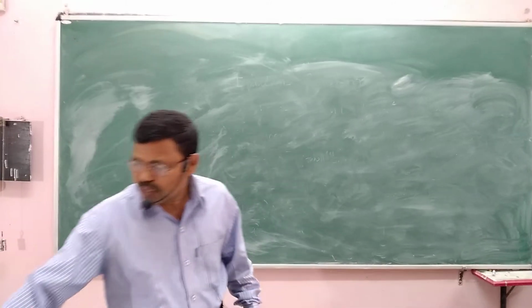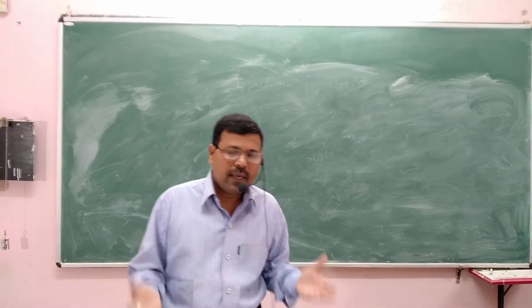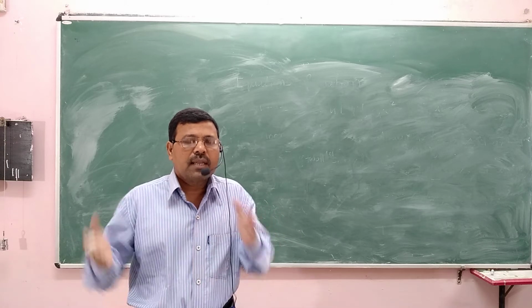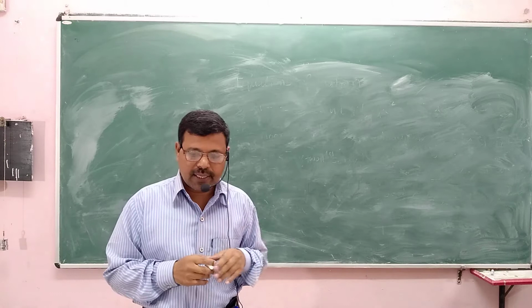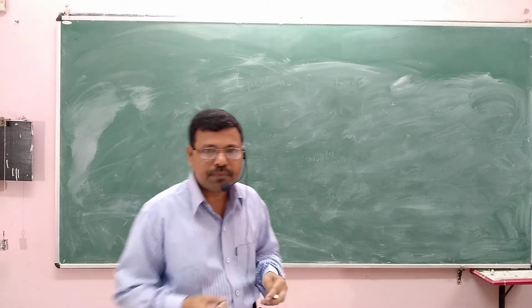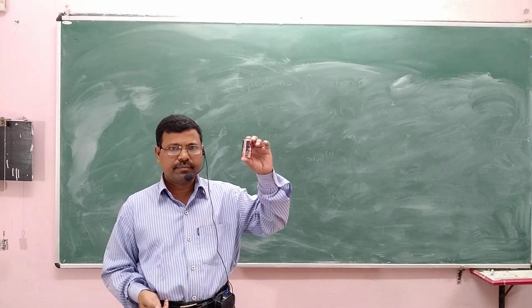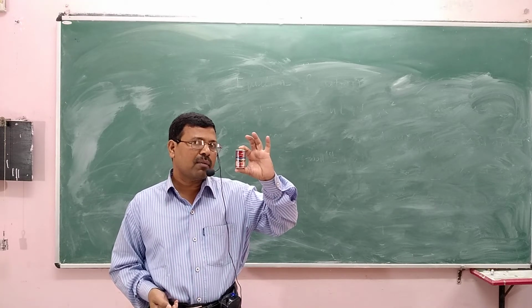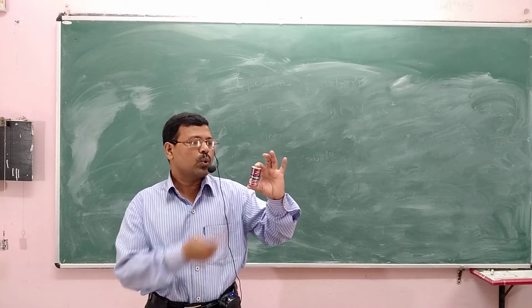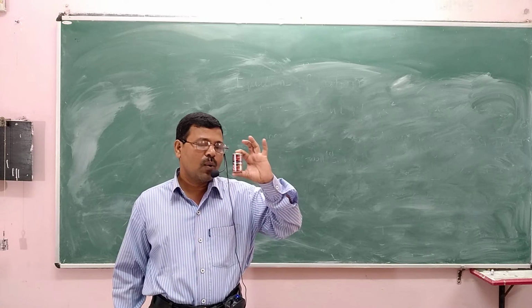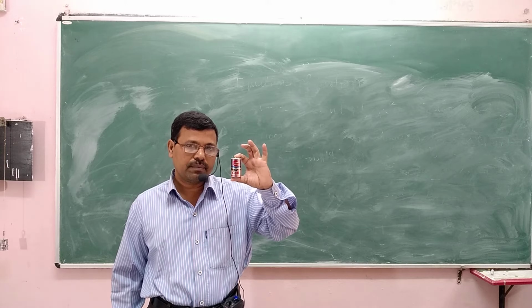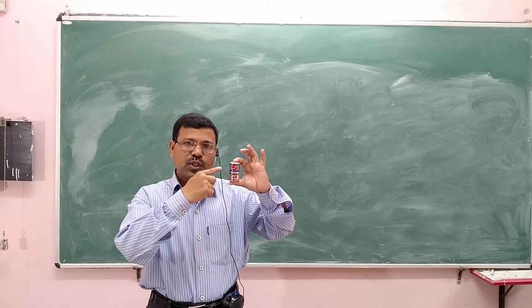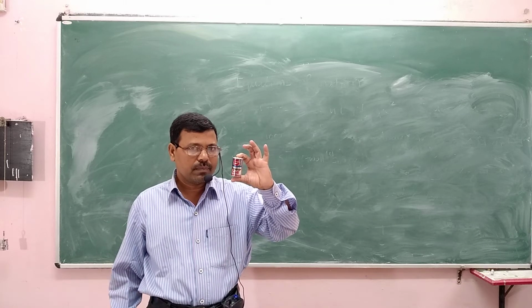Fine. As all of us know, a chemical cell is a device which converts chemical energy into electrical energy. We have a power cell here. It is a portable form of Leclanche cell whose EMF is 1.5 volt, which converts the chemical energy into electrical energy.